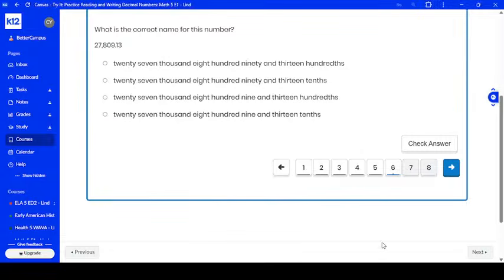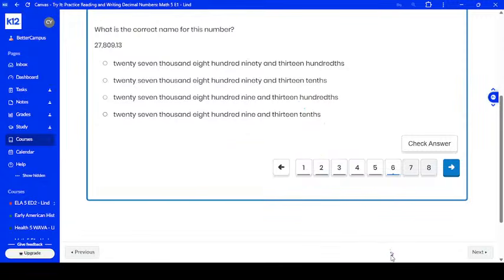Okay, what do you think the answer is? You think the answer is A? Is the answer A, B, C, or D?